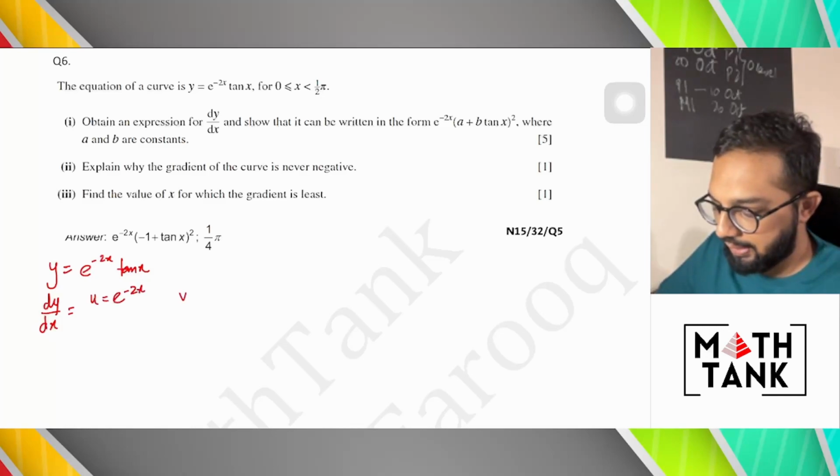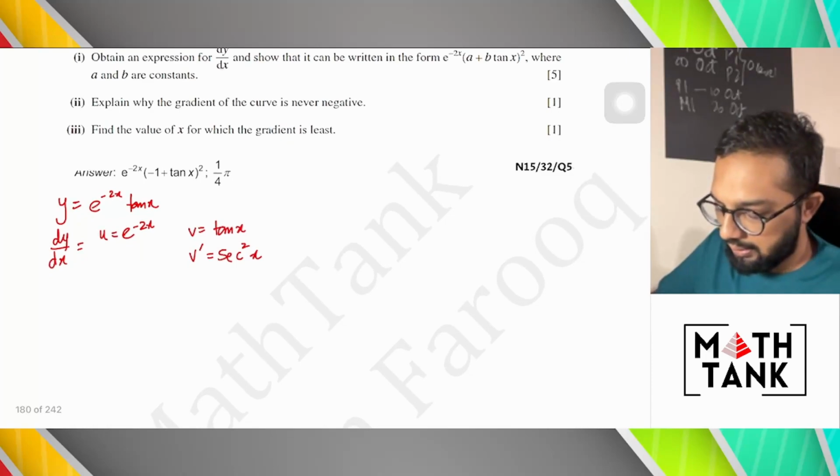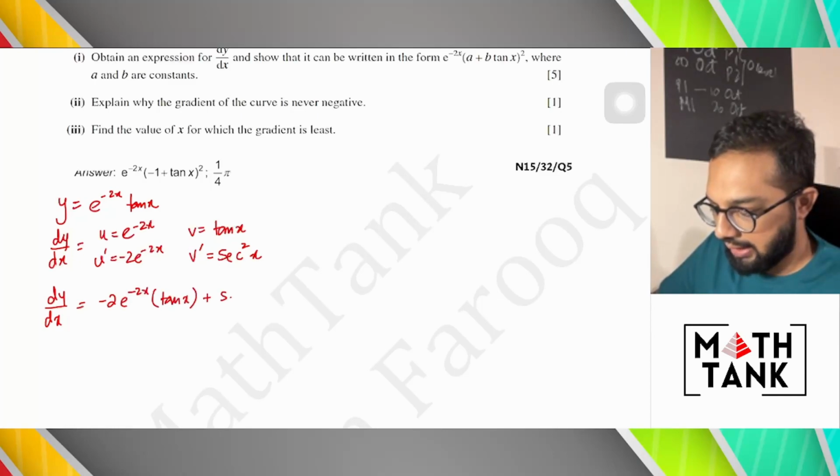I have a habit of sometimes doing all of this directly in my head, but it may lead to an error. Let's just try to avoid that. So u dash is minus 2e minus 2x. So dy by dx then gives me u dash v plus v dash u.